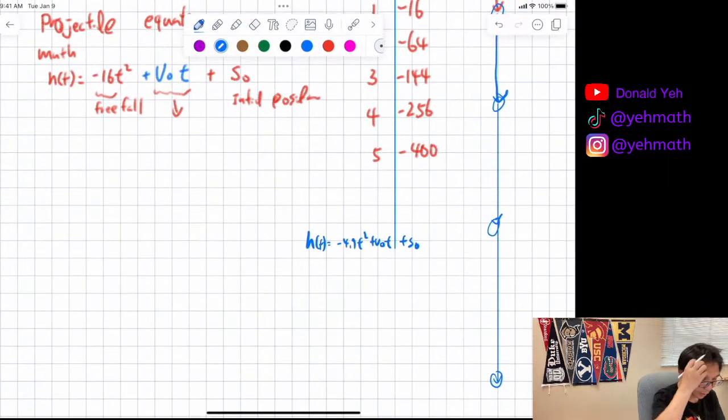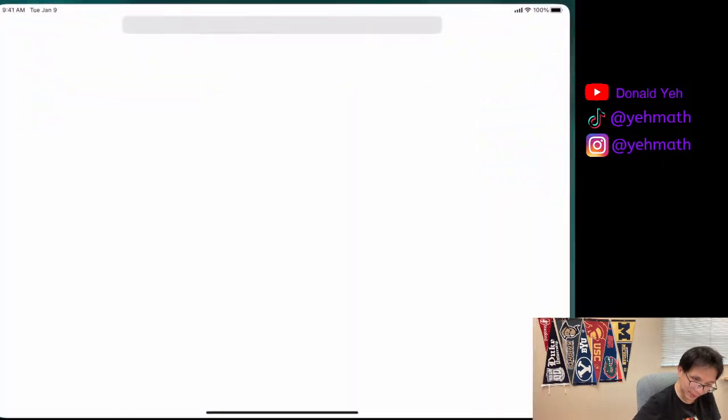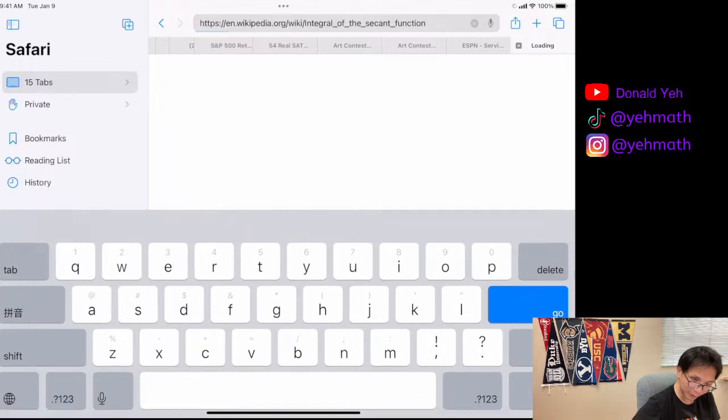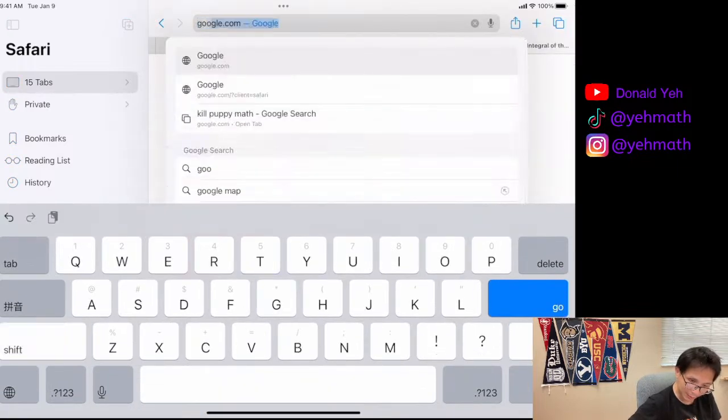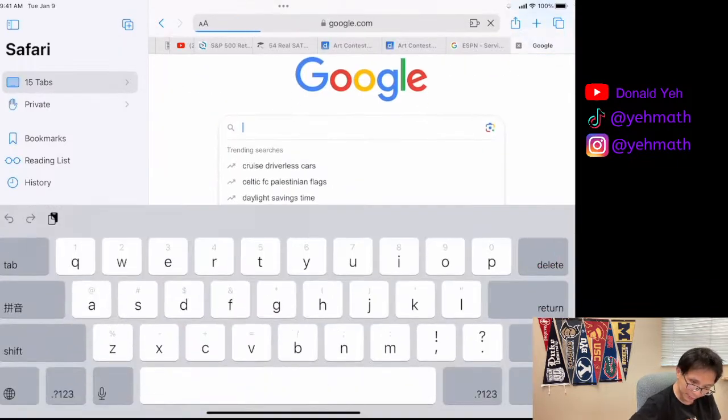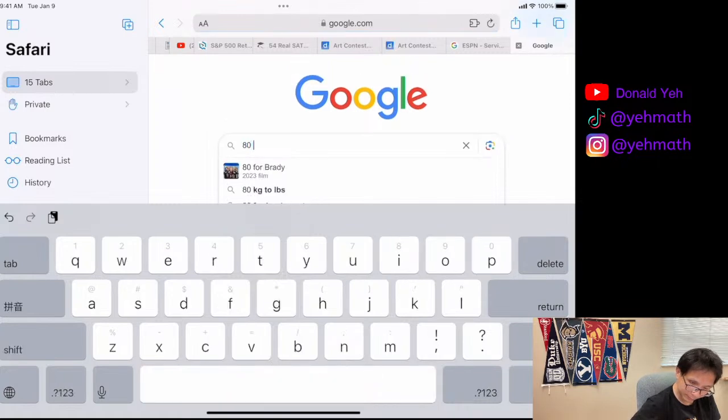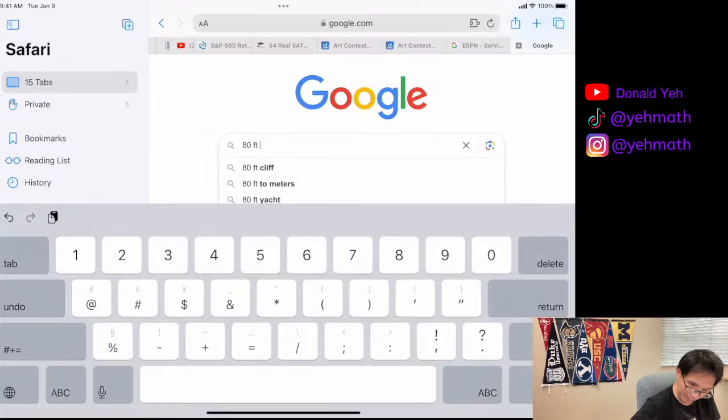Okay, so I'm going to create a situation. Mr. Ye cannot throw as fast as Michael or Robert. I can throw probably 80 feet per second. I have no idea what 80 feet per second is, so let's translate that. How fast do you think 80 feet per second is, Robert?